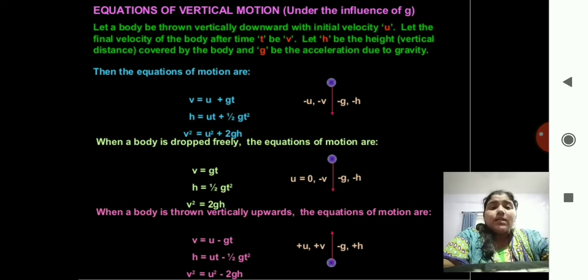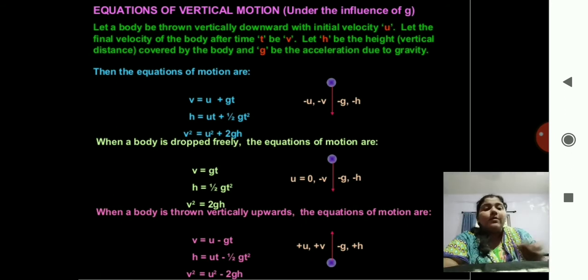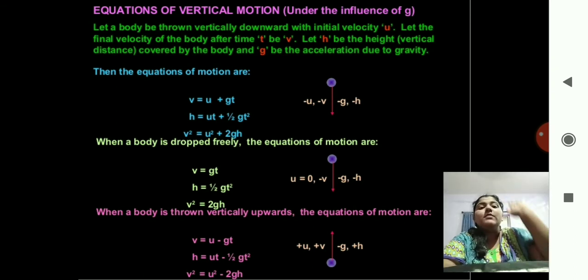Now, when a body is thrown vertically upward, we are throwing a ball upwards. For throwing, we are applying force at the initial stage, correct? So u will be there now, and the final velocity will not be there.